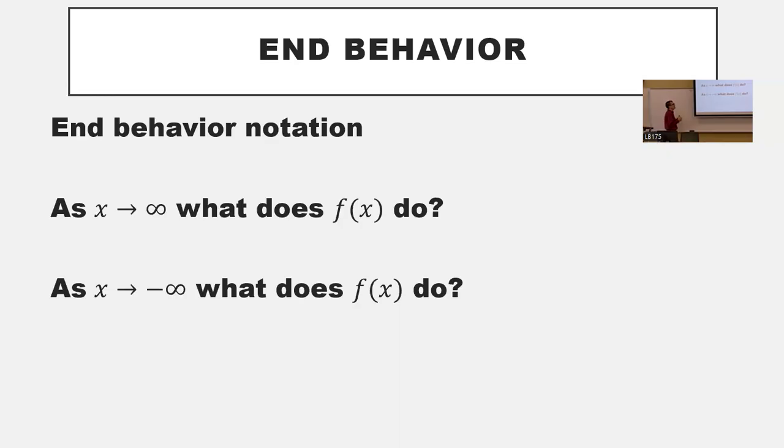And going towards infinity or negative infinity is symbolized by just x and then an arrow and then the infinity symbol or the negative infinity symbol. So that arrow just means going towards something. If you go on to calculus, that notation will be used in limits as well, right? Going towards something.